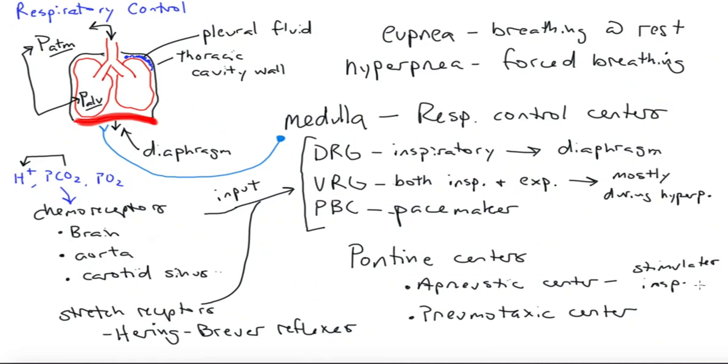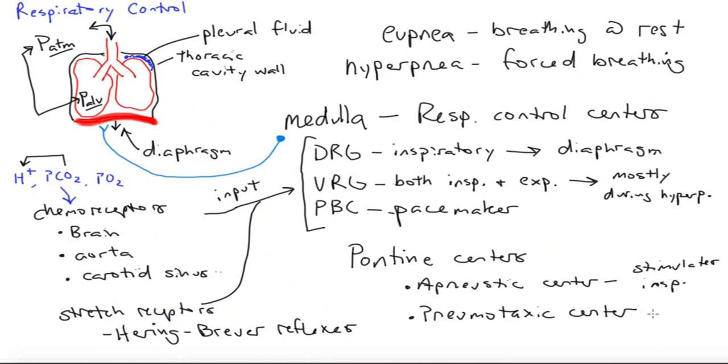This is the center that tends to drive larger inspiratory volumes. When people get defects in their respiratory control centers after brain trauma, sometimes they end up with what's called apneustic breathing, where they breathe in excessively, a really long inhalation before they breathe out.